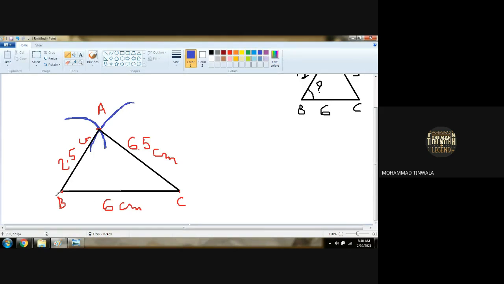We have to place a protector. You know the protector, this will be the center point of the protector. If we want to measure this side, we will place a protector like this and measure from this side.